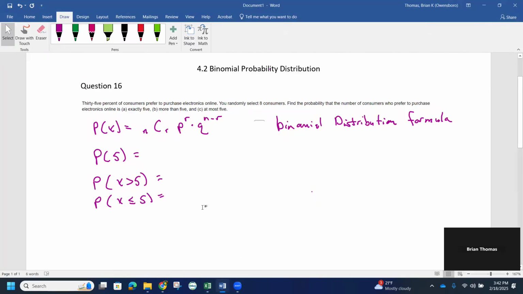Notice that since there's 8 consumers, we have these outcomes. Of these 8, none of them shopped online, 1 shopped online, 2 shopped online. So what we can do is make a list of trials from 0 through 8.